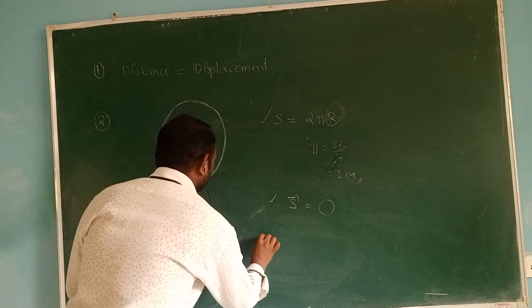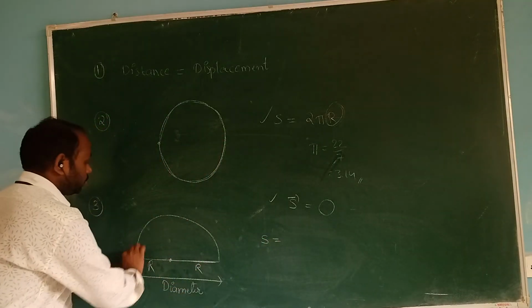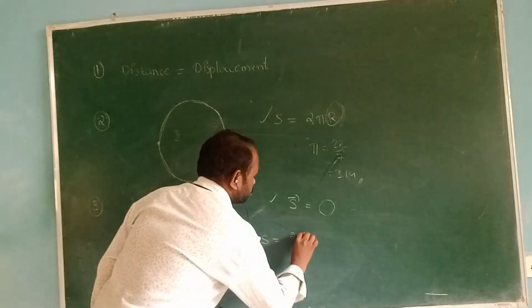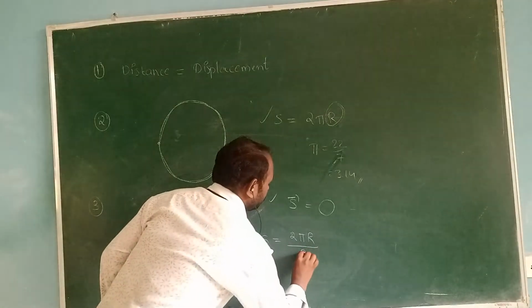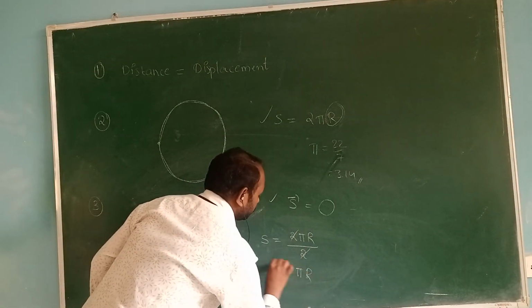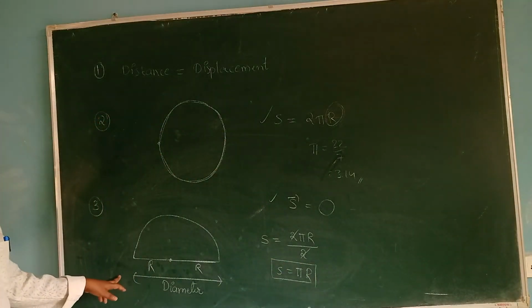First we find the distance. For the total circle it is 2 pi r. For a half circle, divide by 2. The 2 will be cancelled. S is equal to pi r.